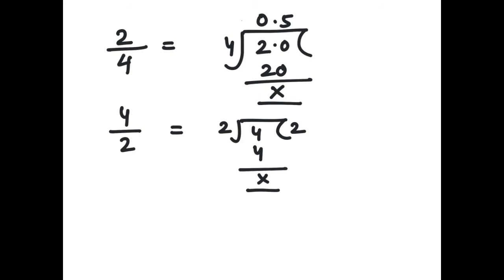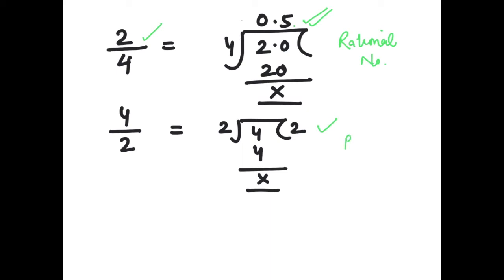In the example 2 over 4, if you divide, you will get 0.5. So 0.5 is terminated already. So you can say 2 over 4 is a rational number. And 4 over 2, if you divide, you will see 2. Oh, 2 is a proper integer.